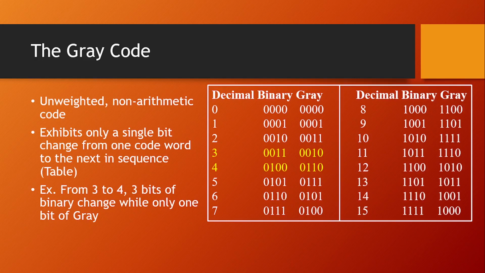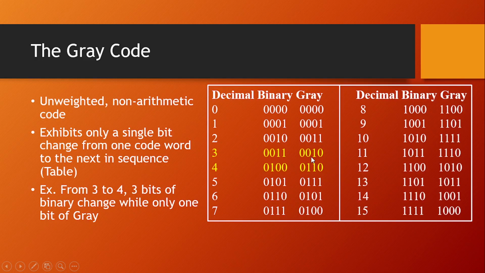For example, when we move from gray code 0010 to its next one, which is 0110, only the third bit from the right has changed from 0 to 1. So only one bit. Again, when we move to the next, only the rightmost bit has changed while all the others are the same. So only one bit change is there. This is the importance of gray code.